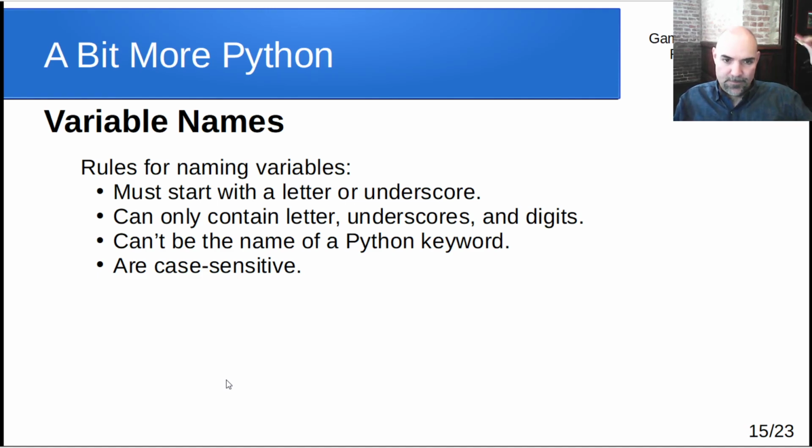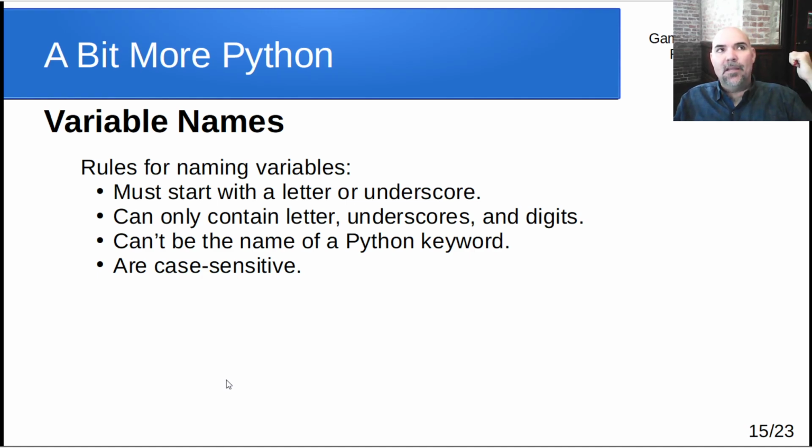The third rule is that the variable name cannot be, or should not be, the name of a Python keyword. As we'll see later, for example pass or print or input, we should avoid using words that already have a meaning in Python.